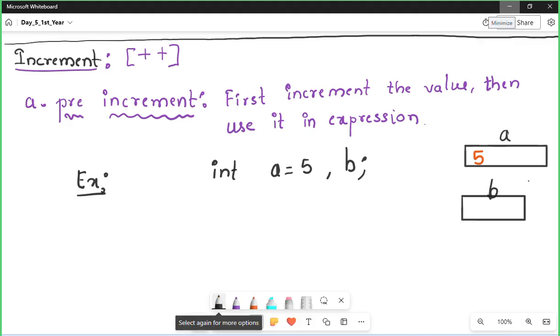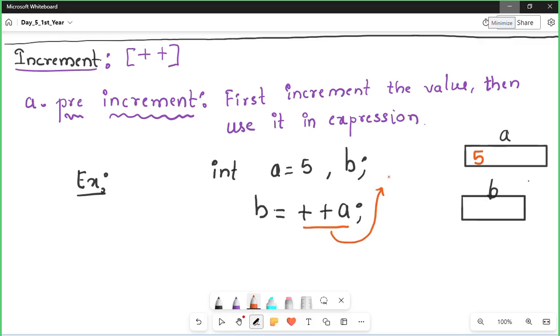Now, how do we write pre-increment? Pre-increment is always written before the variable. So b = ++a. The meaning of ++a is a = a + 1.